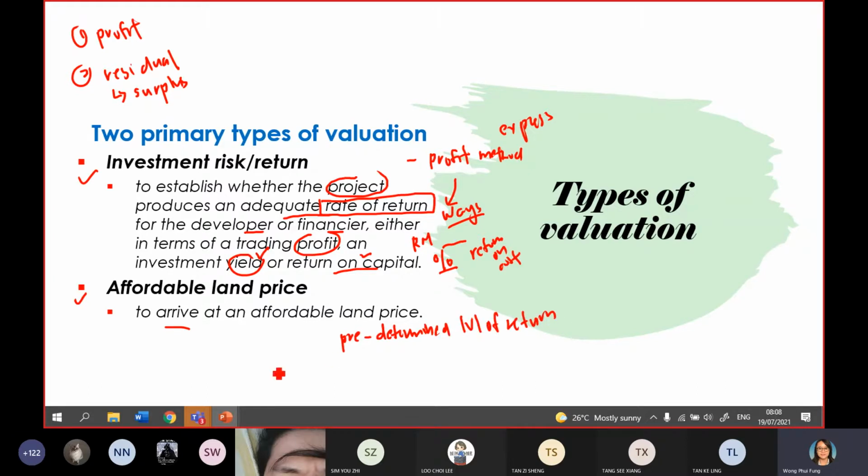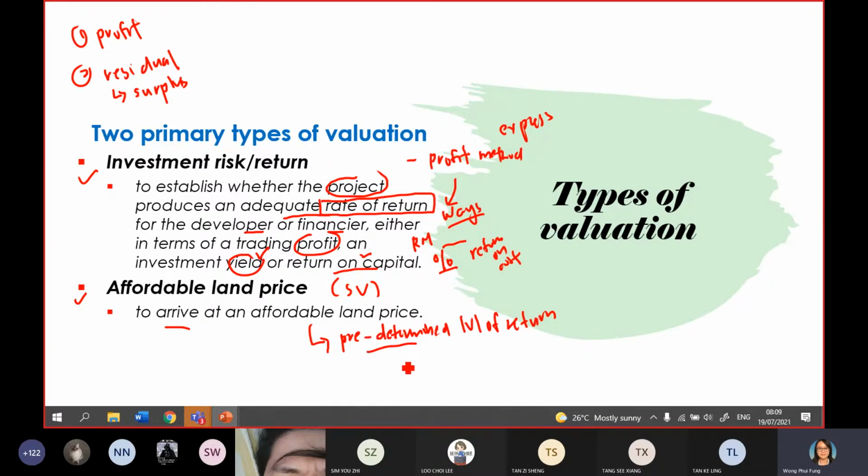I repeat again: the residue method is to calculate the residual land cost, the residual site value, by inputting a predetermined level of return. Which means the second method is to calculate the land cost that you are going to offer to your landowner. But before you calculate, you have to determine your level of return first. That is what we say predetermined.